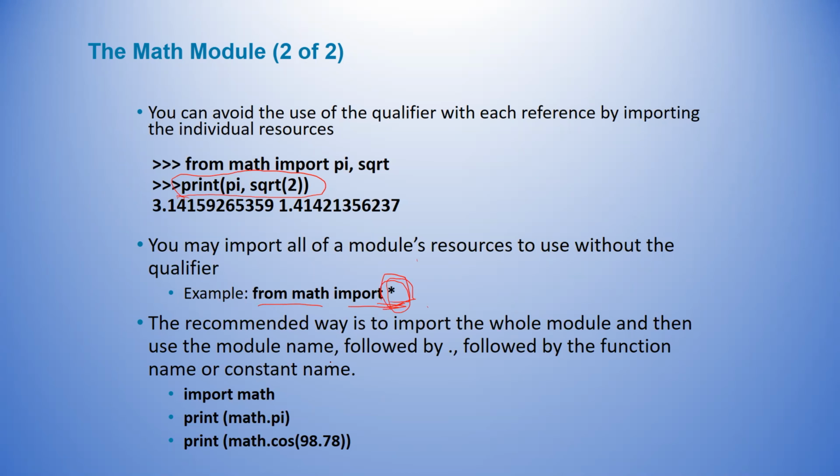And now you can really just say square root 2.5 or something without math, because you already imported all functions instead of specifying. That's why here it says resources, so including constants, right? So this is importing all of them. This is importing just 2 of them, and the syntax is the same, from math import.